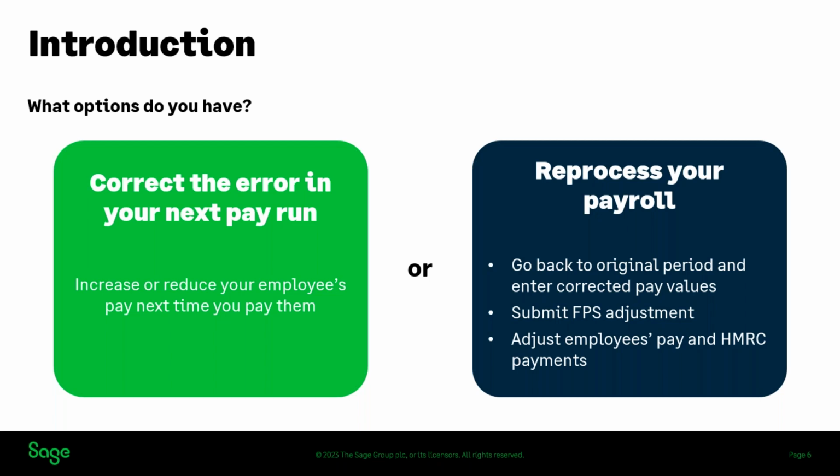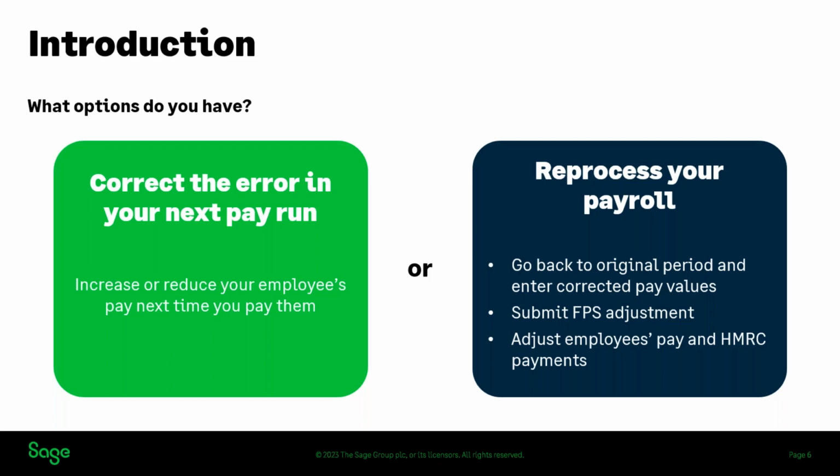So nothing is being changed in your payroll history. You carry forward the correction and you're just doing it in the next pay run. And that way you won't need to manually calculate any adjustments and you won't need to submit any adjustments to HMRC. But you do have a bit of a time delay. You will have to wait until the next pay date before that error is rectified.